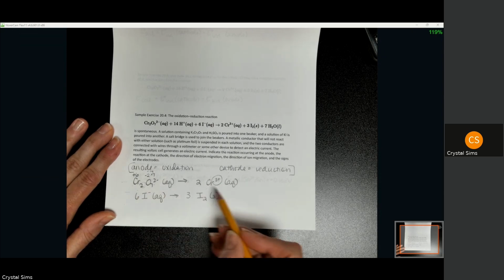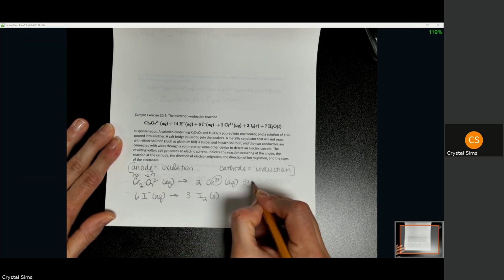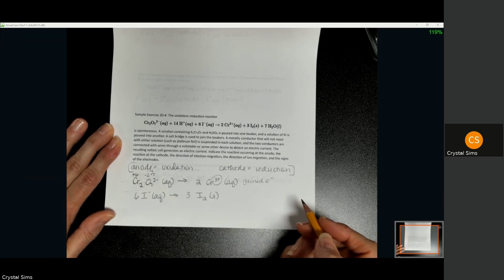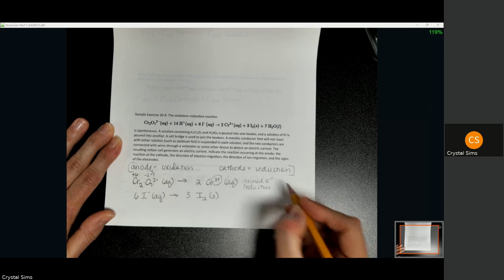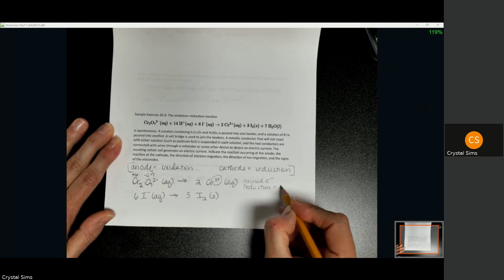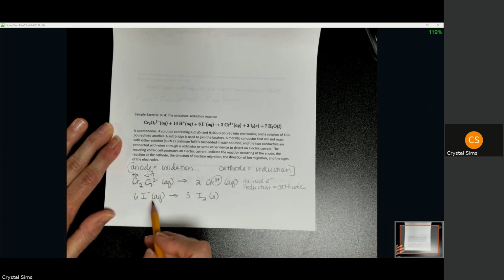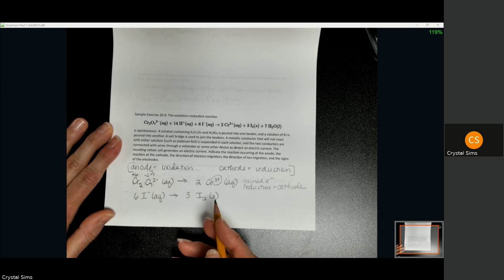In order to do that, the chromium has gained electrons. It's become closer to 0 on the positive side, so it has gained electrons, and reduction is gain. So the dichromate ion is being reduced, and so this is going to be our cathode. So that must mean that our iodide is being oxidized, but let's just double check this.